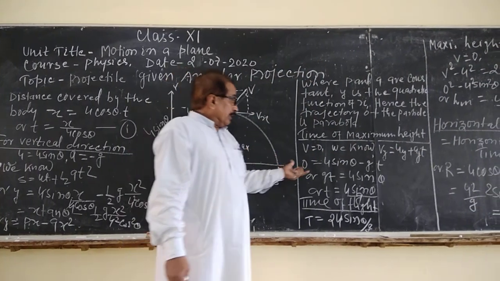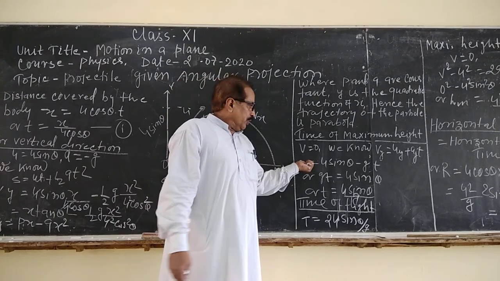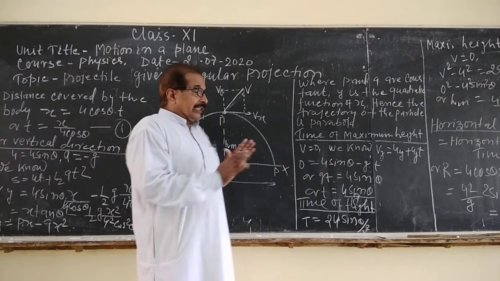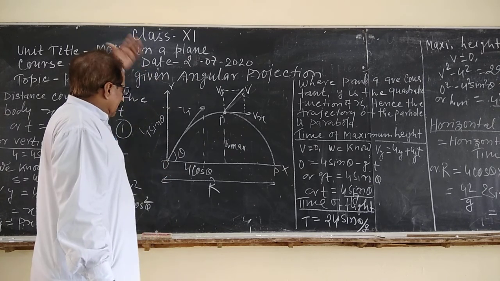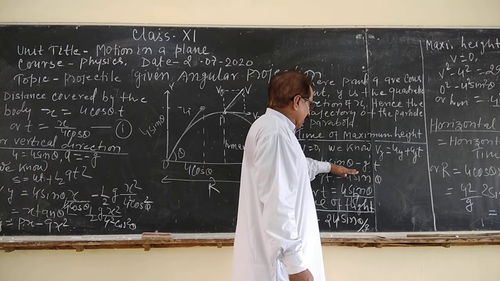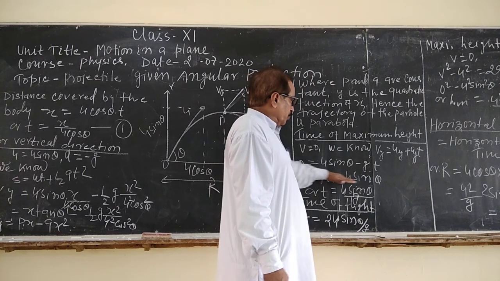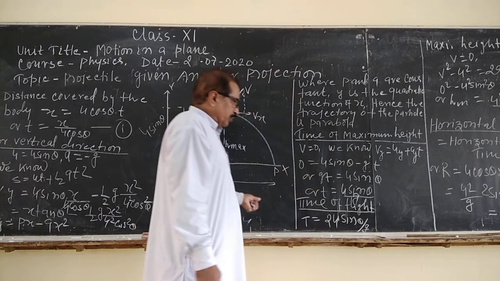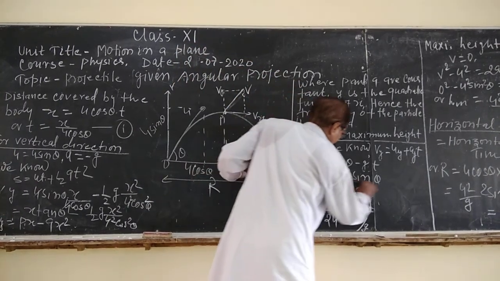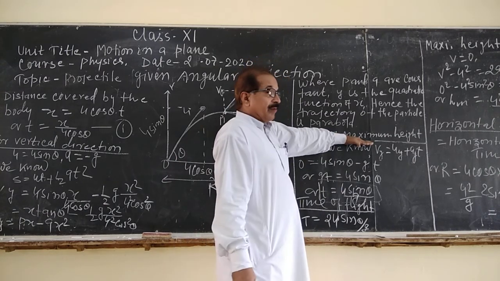The velocity in y direction at the maximum height is 0, and uy is u sin theta, so 0 is equal to u sin theta minus g into t, and gt is equal to u sin theta, and t is equal to u sin theta upon g. This value is known as the time of maximum height.